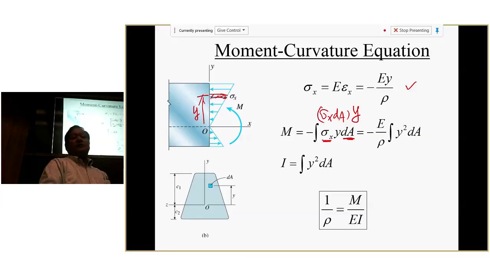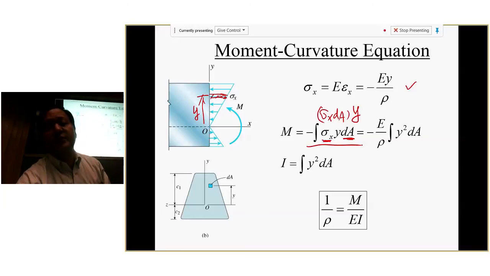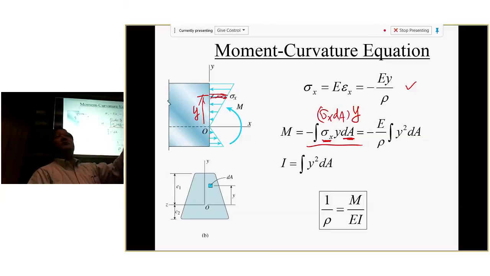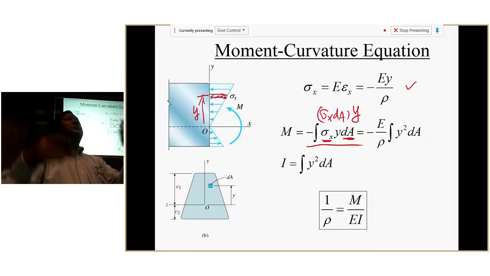So that is exactly this equation here. That's how you calculate moment, right? Any question about this part? That's the definition: force times the distance, where force is the stress times that small area.